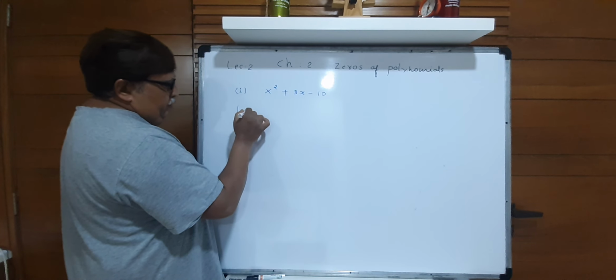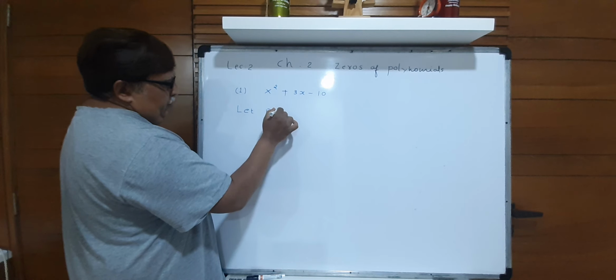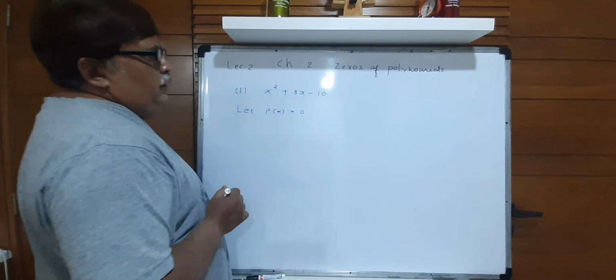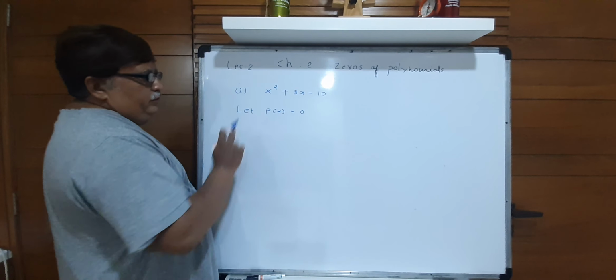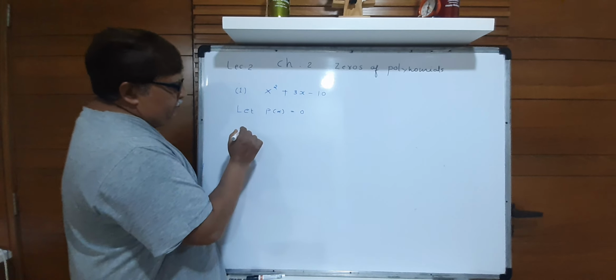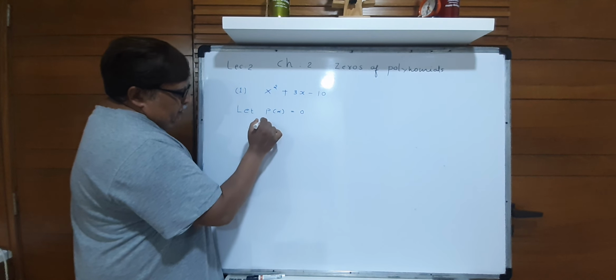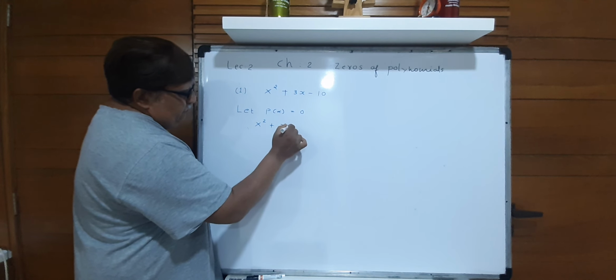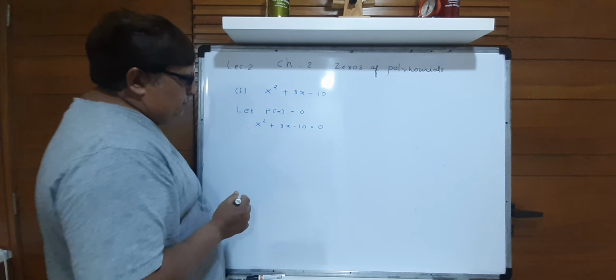First, as usual, you will write let p of x equal to 0. If in exam name of the polynomial hasn't been mentioned, you should take p of x. Therefore, x square plus 3x minus 10 equal to 0.